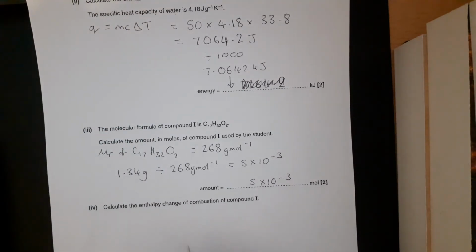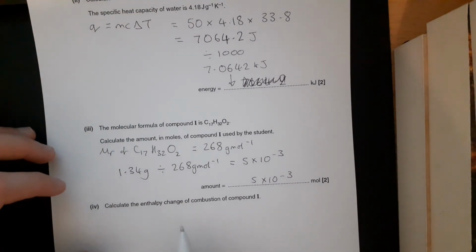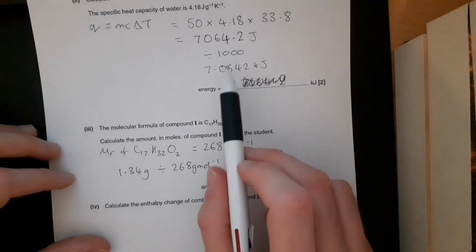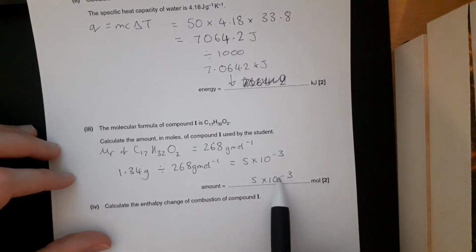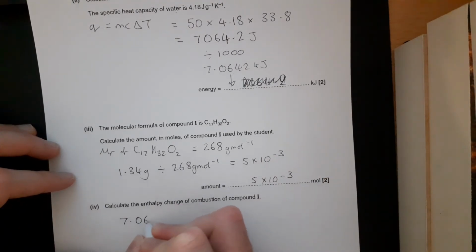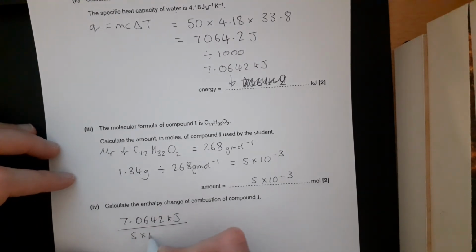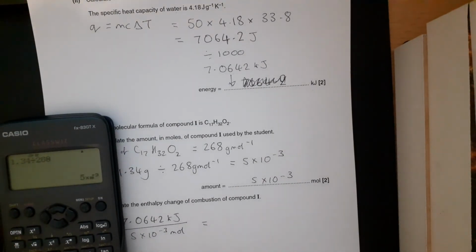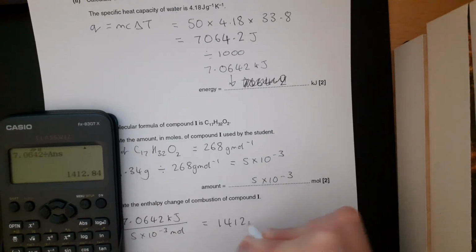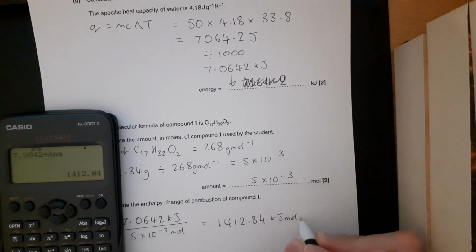Okay, and then finally, it wants us to calculate the enthalpy change of combustion. So for this, we need to do this value divided by this value, because then it's going to be in kilojoules per mole. So 7.0642 kilojoules divided by 5 times 10 to the minus 3 moles. 7.0642 divided by that answer we had earlier gives us 1412.84 kilojoules per mole.